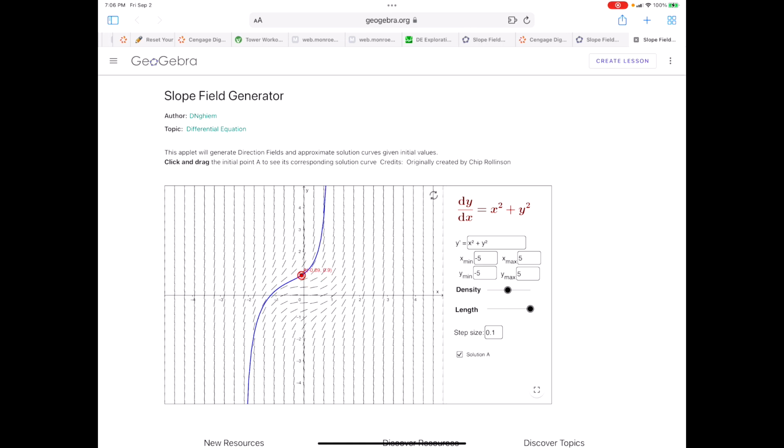It's being kind of grumpy here, it doesn't let me just plug it in. Closer. Pretty close.